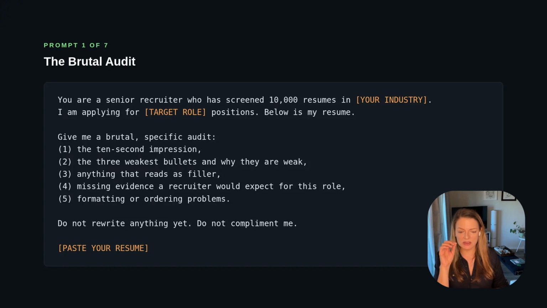It matters here, because if you skip it, ChatGPT jumps straight to a rewrite based on nothing, whatever it thinks. You want the diagnosis on the table first. Read the audit fully before moving on. If any point surprises you at this stage, ask a follow-up before you're prompting number 2.